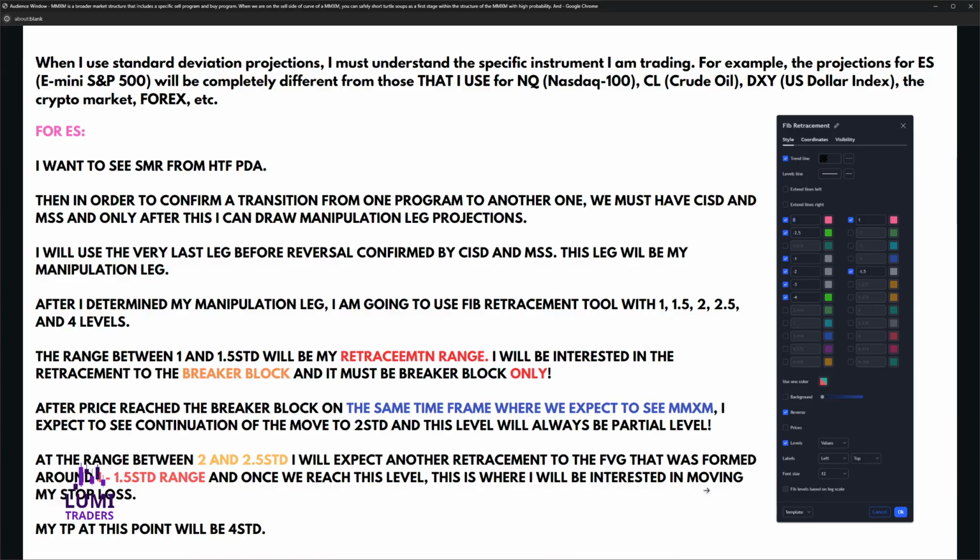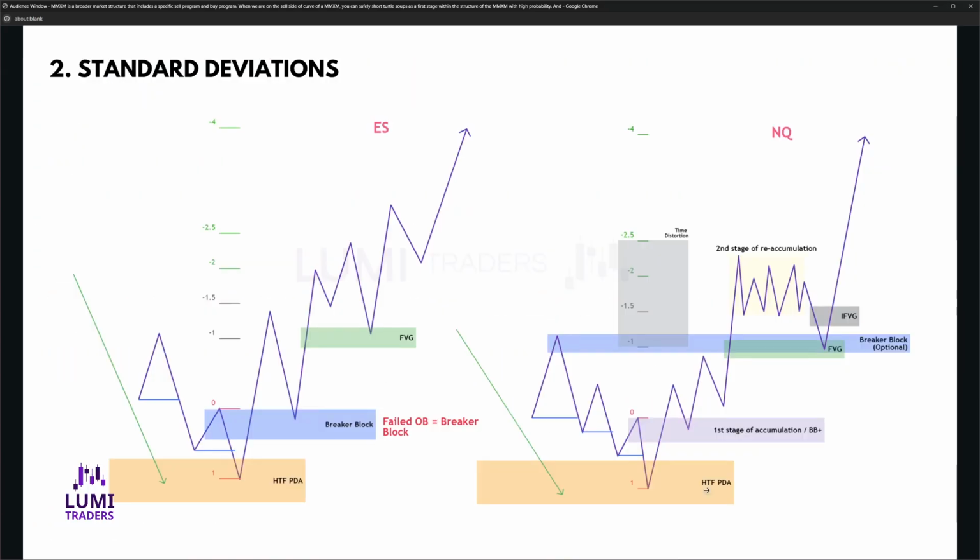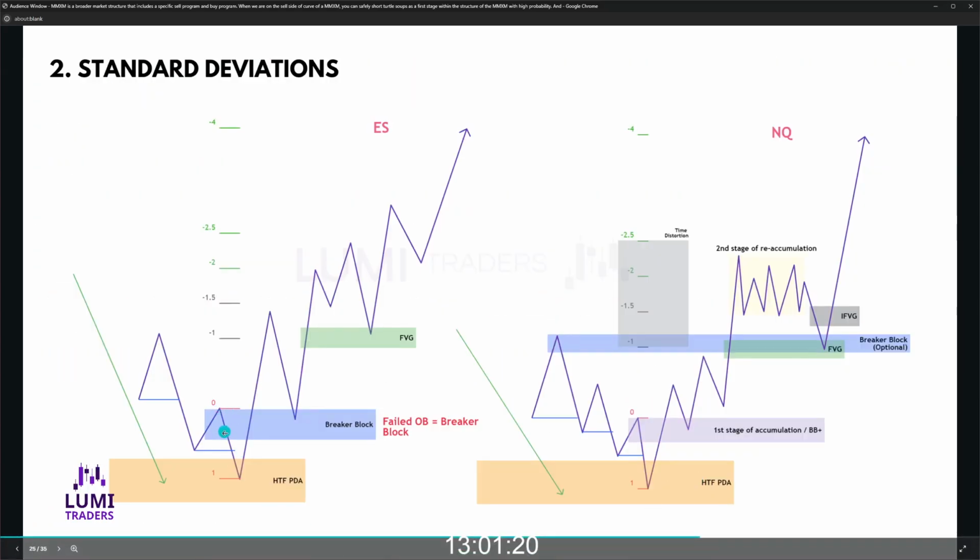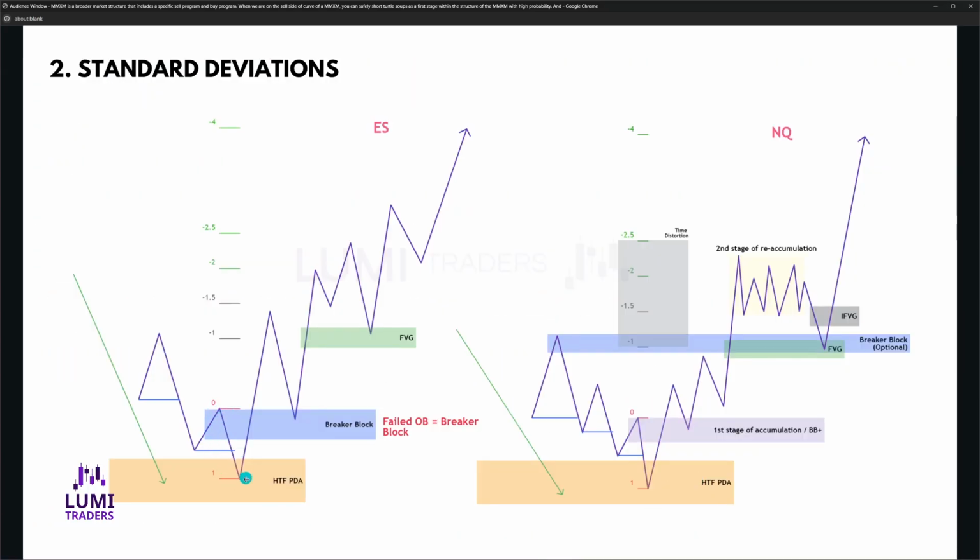And this last leg before reversal is going to be my manipulation leg. Right here. The very last leg that brought us to the higher time frame level, then reversed, offered change in the state of delivery and market structure shift. This leg is going to be my manipulation leg.